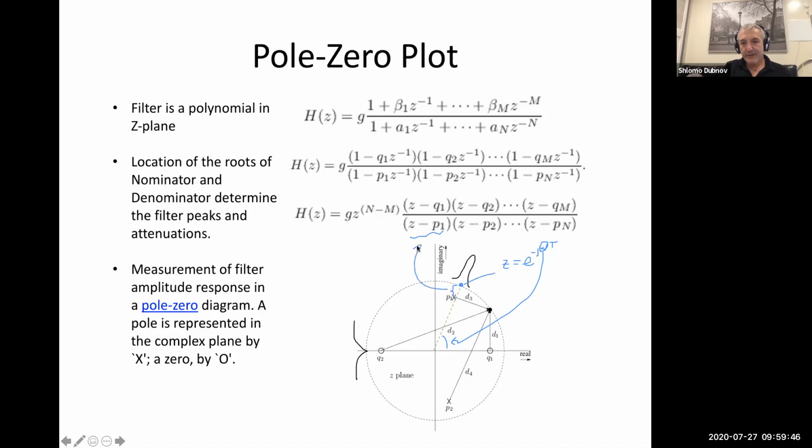I hope this drawing can make sense. You have to follow my explanation as I was drawing, but this is the whole idea that this is the frequency here, omega, right? And T, because this is omega, we can think about this as the sampling frequency.